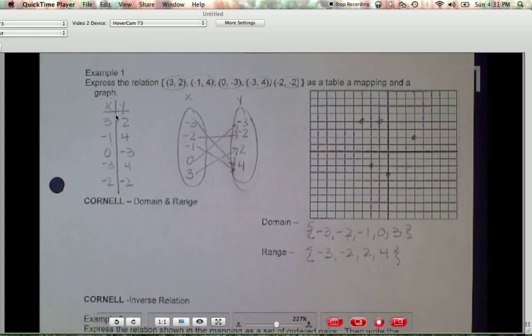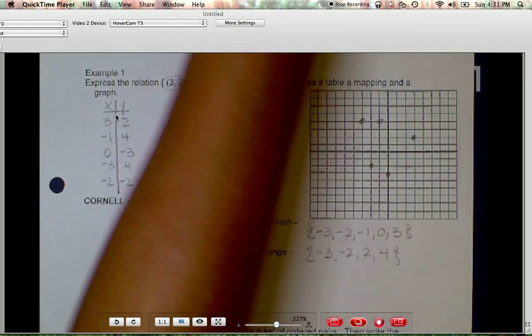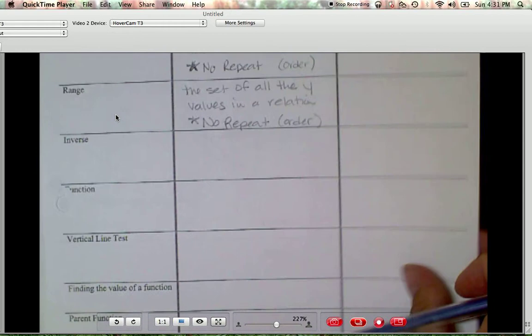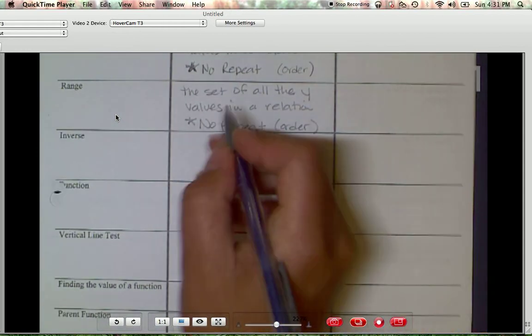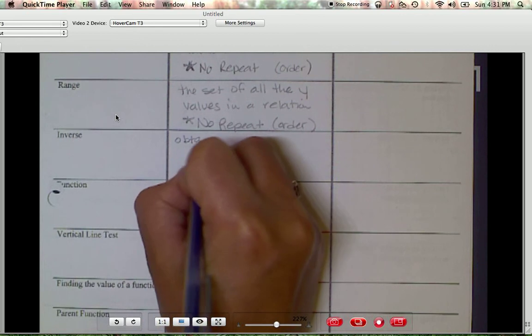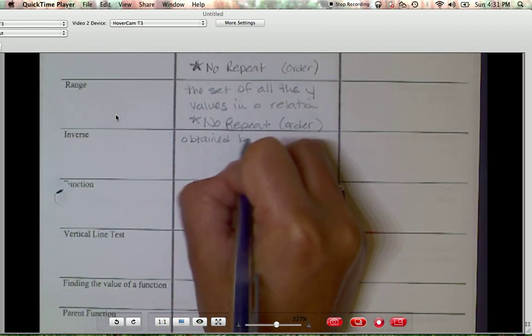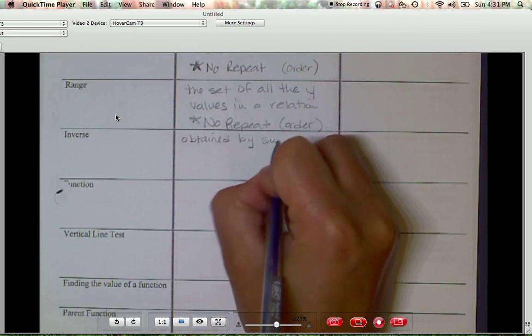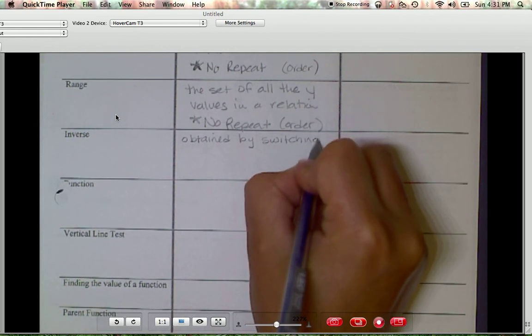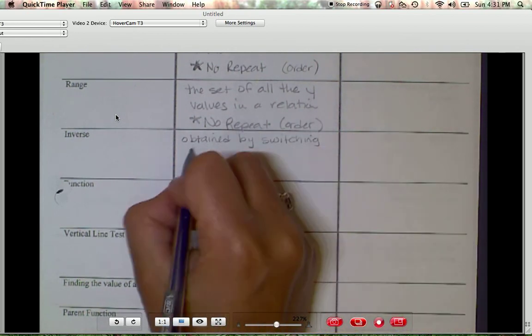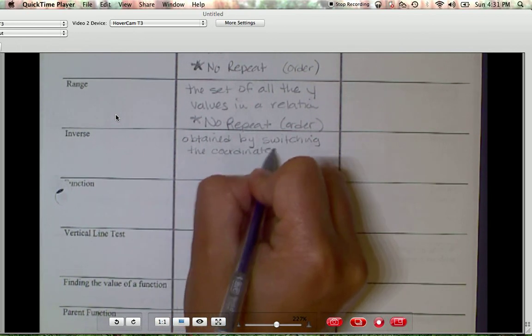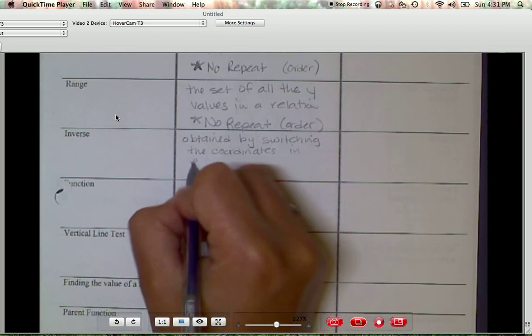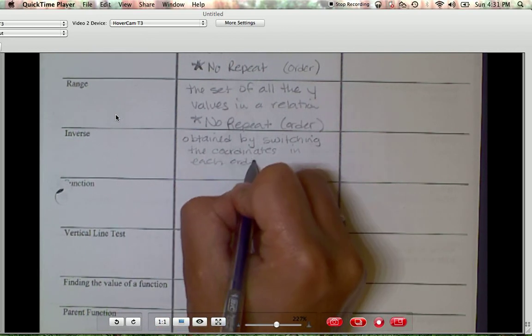An inverse relation, or the inverse of a relation. Go back to your Cornell sheet. You can get the inverse of a relation. It's obtained by switching the coordinates in each ordered pair.